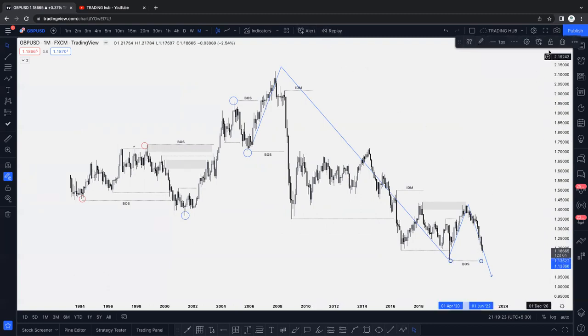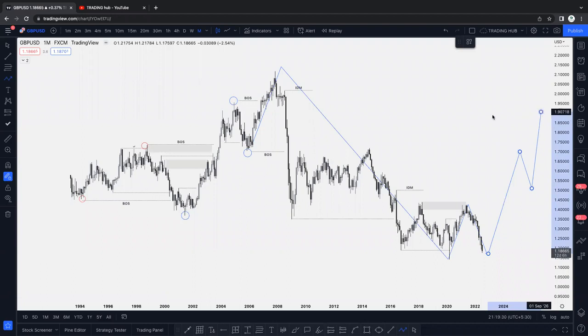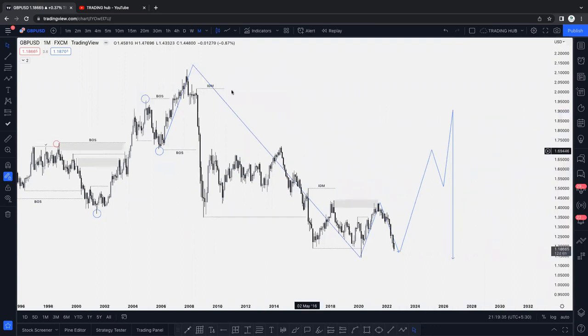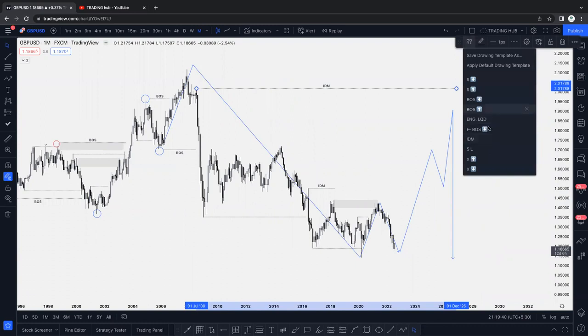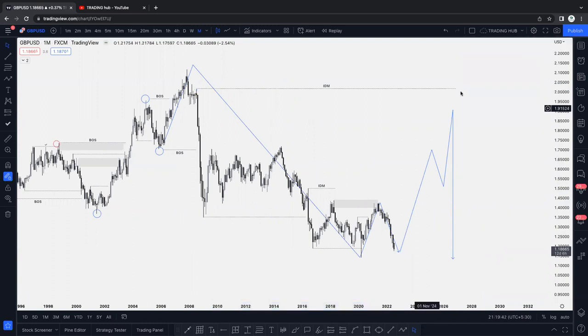If it does not break this structure and market pushes upside to mitigate this engineering liquidity which is here, then we can again sell. And this inducement line acts like an engineering liquidity because this is the highest point before the sell at this point.